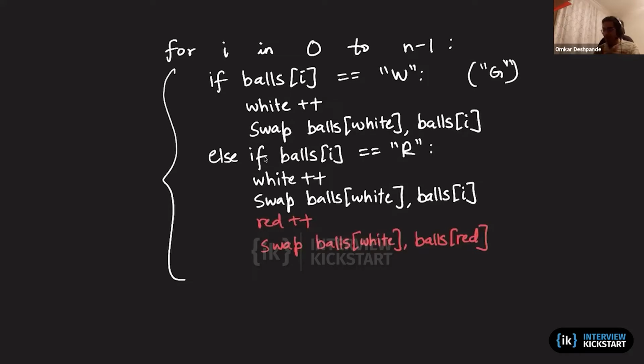How are these pointers going to be initialized? Well, when we start at i equal to 0, there is no painted region on the left. So the rightmost white number doesn't exist. The rightmost red number doesn't exist. So we initialize both to -1.